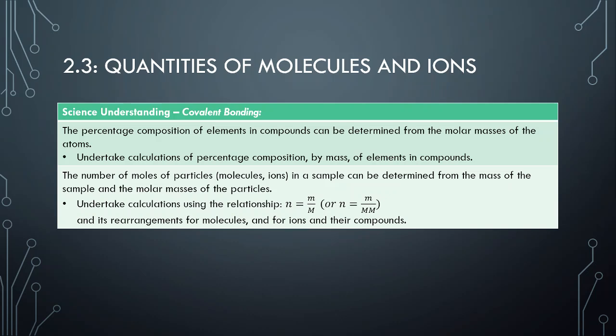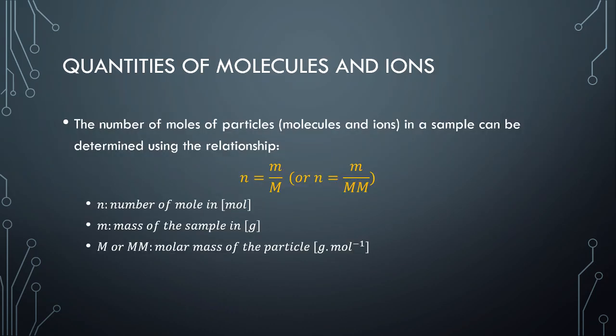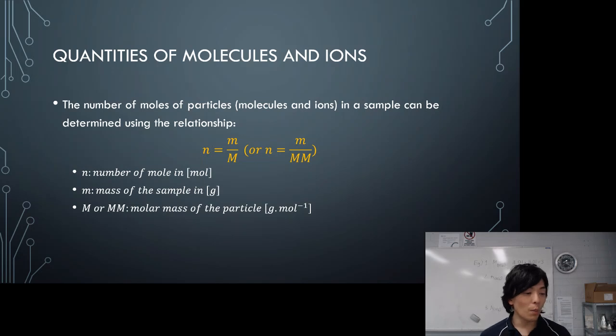All right, let's look at the relationship here. The number of moles of particles, whether it's molecules or ions, in the sample can be determined using the relationship. As I mentioned already, I personally prefer writing MM, double capital M for molar mass. n means number of moles, in mol. The mass of the sample is written as m, and it should be in grams, not milligrams, not kilograms.